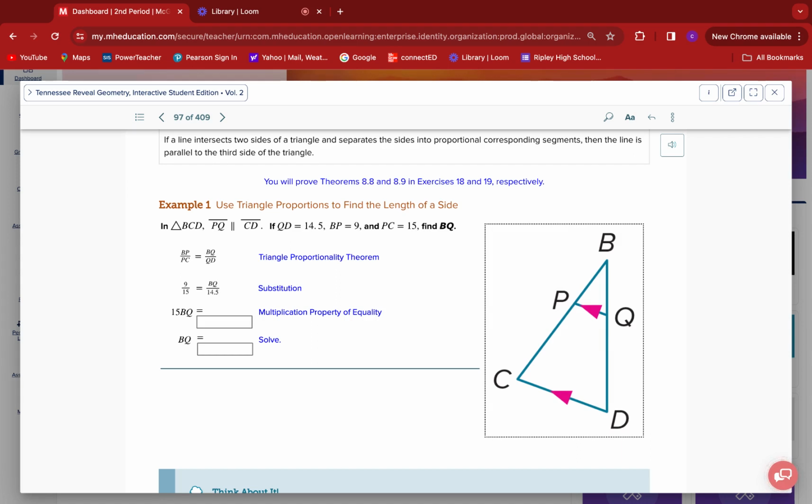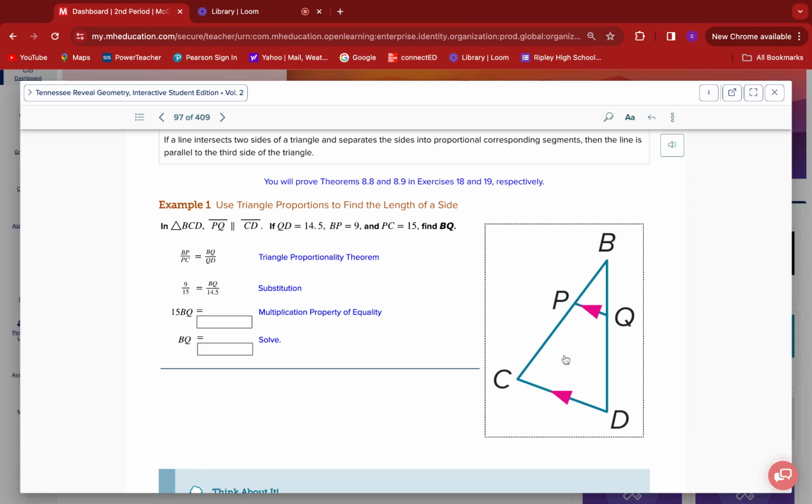So what I mean by that is BP, which is the left side of the small triangle, in middle school has to be set equal to BC, which is the left side of the big triangle. And same thing on the right side. BQ, which is the right side of the small, has to be in proportion to BD, which is the right side of the big.